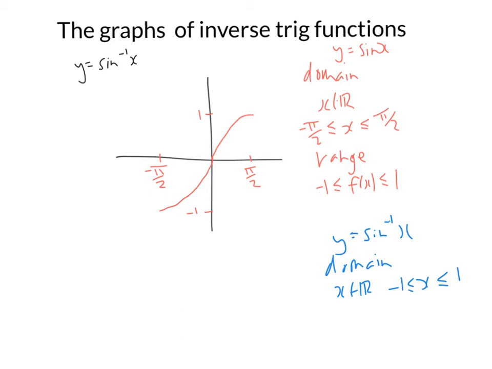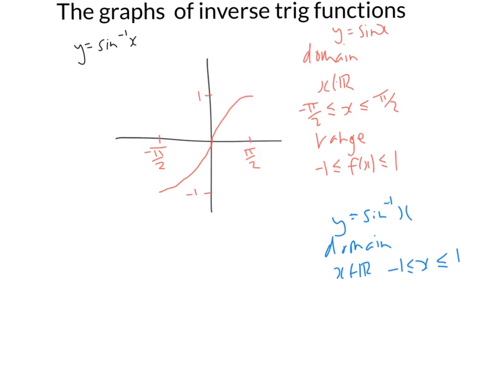And when you put those values into the inverse, what you'll get out, your range, will be the original values, the domain of sine x. So that would be that f of x is between pi over 2 and minus pi over 2.